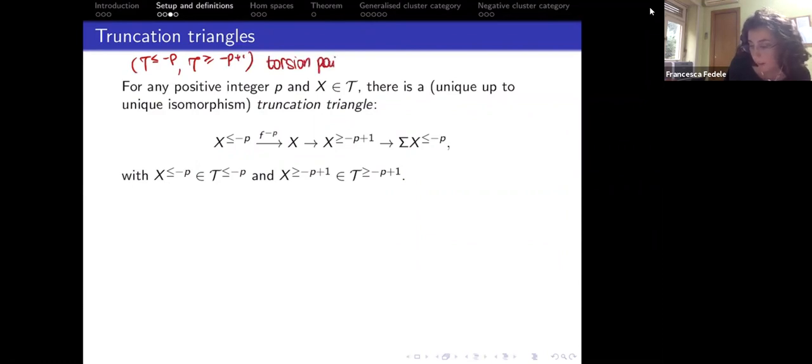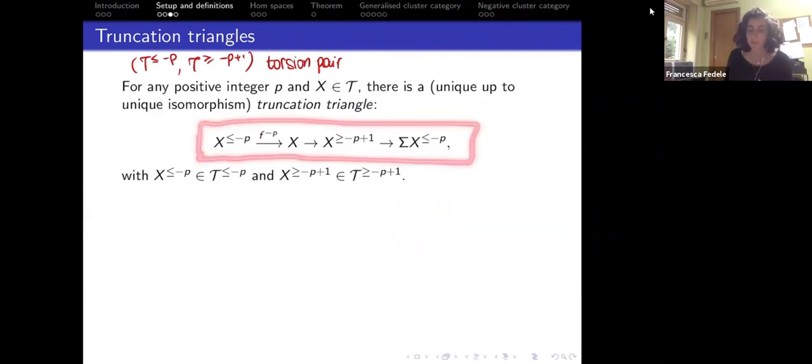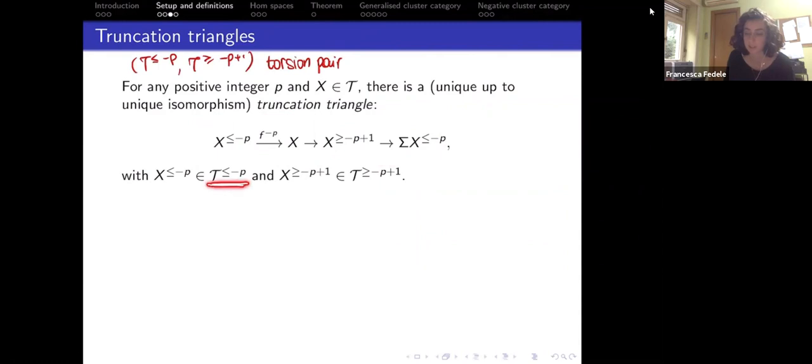By our definition of torsion pairs, that means we can always get a triangle of this form, where the first object is in the first half and the third object is in the second half of your torsion pair. But having a t-structure also means that such a triangle is unique up to unique isomorphism, so we can call it the truncation triangle of X with respect to our t-structure.